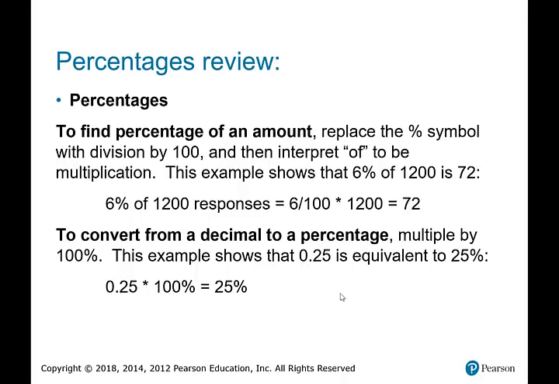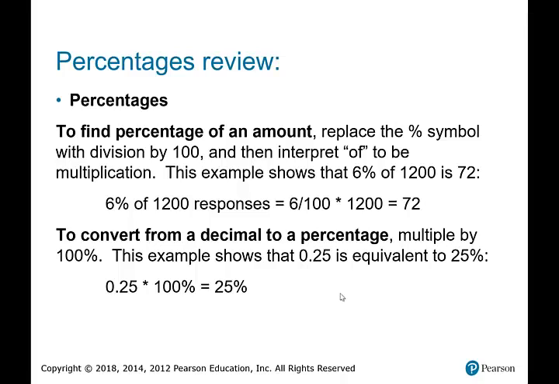Again, just to remind you, if you want to find the percent of an amount, you replace the percent symbol with division by 100, because percent means per 100. And then the interpretation of "of" is multiplication.